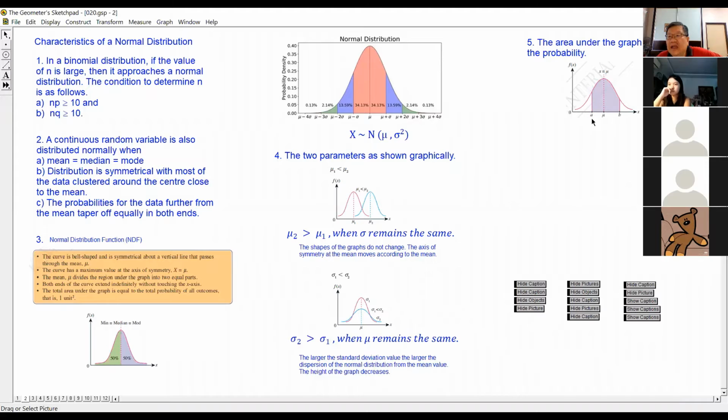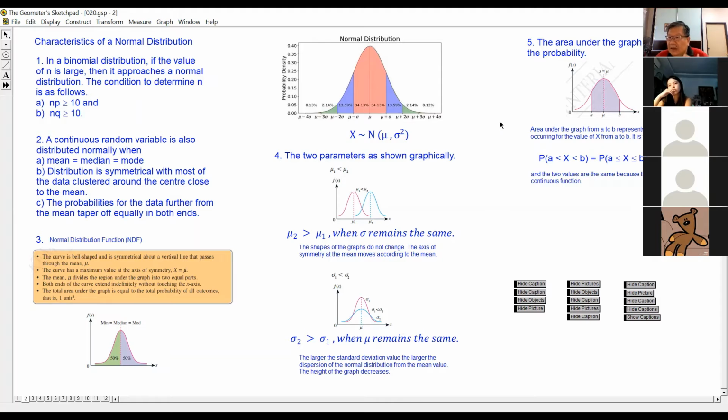One vertical line is A, another vertical line is B. So the shaded area between A and B represents the probability of X lies between A and B. So this purple area can be written like that. It is actually the probability of X between A and B.